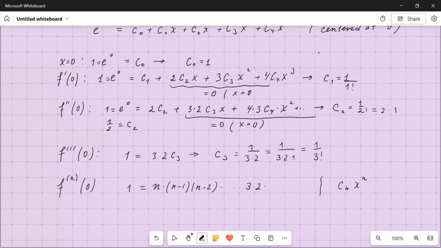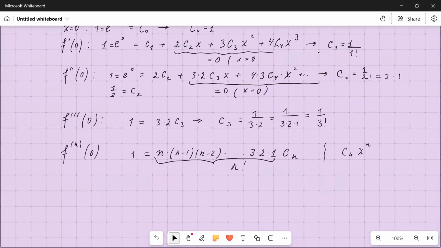I'm not going to write down 1, but when we differentiate x to the power of 1, that's 1 over here and x to the power of 0. And then it's going to be Cn. So this expression is nothing else than n factorial, which I already have everywhere, right? And for Cn, I'm going to have the formula 1 over n factorial equals Cn.